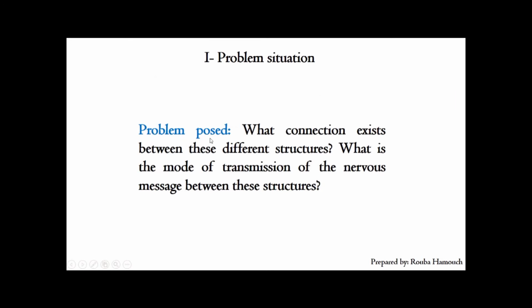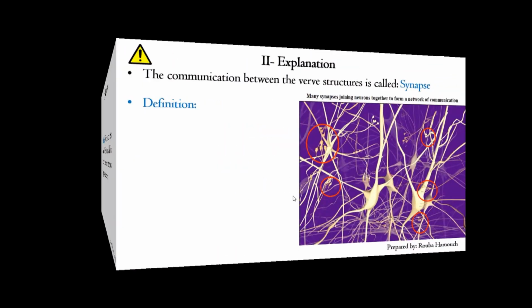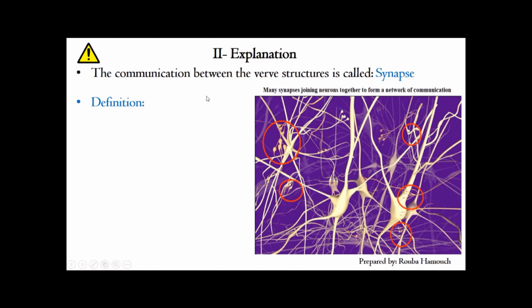So the problem posed: what connection exists between these different structures? And what is the mode of transmission of the nervous message between these structures? The answer is, the communication between the nerve structures is called synapse.